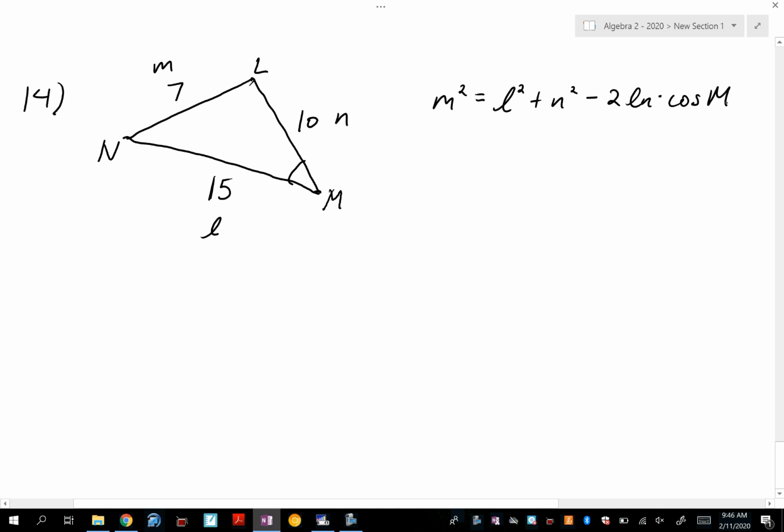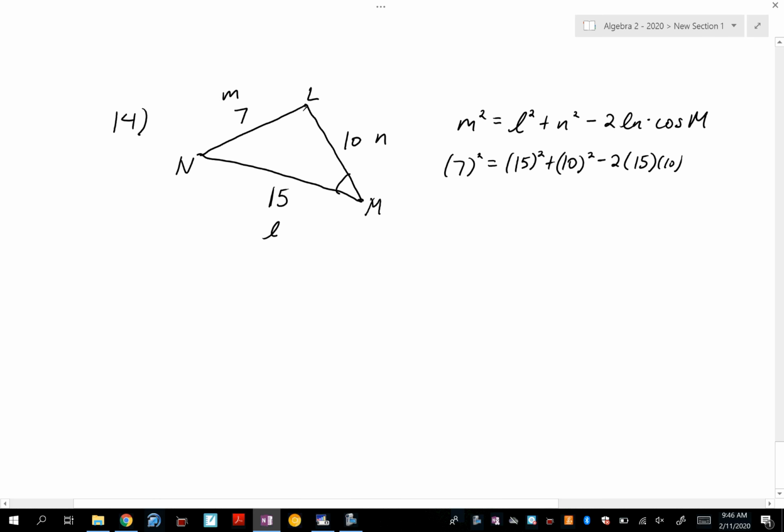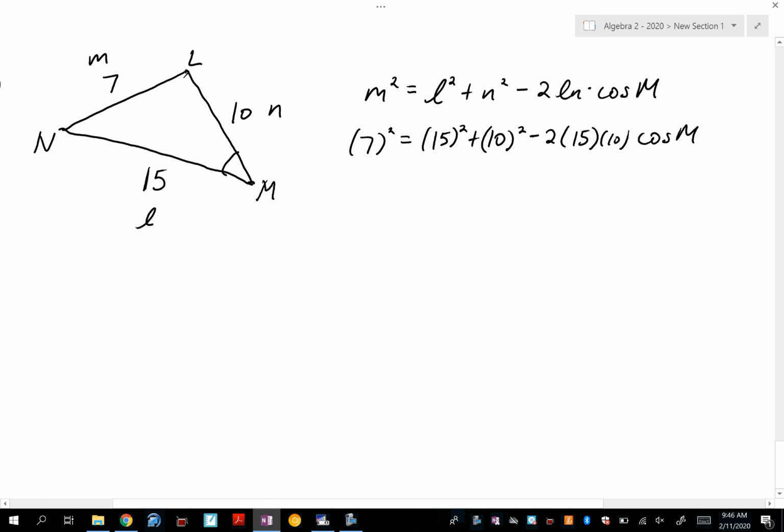So if I plug in my numbers, that's 7 squared equals 15 squared. Be consistent here. 15 squared plus 10 squared minus 2 times 15 times 10 times the cosine of m. So that's going to be 49 equals 225 plus 100 is 325 minus 300 cosine of m.